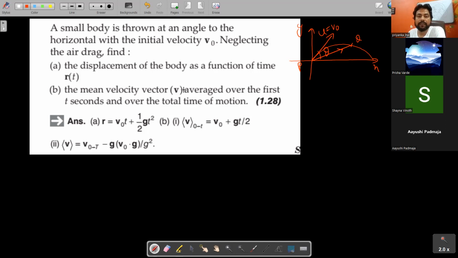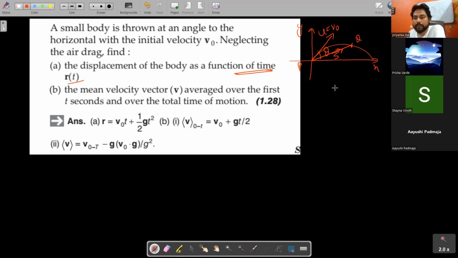But it is asking as a function of time. Yeah, I know for the entire journey it is range, but nowhere is there a formula of range. You have to find displacement as a function of time, at any certain time. So this is the range PQ, this is your displacement. You have to find this. See, how would you find this?